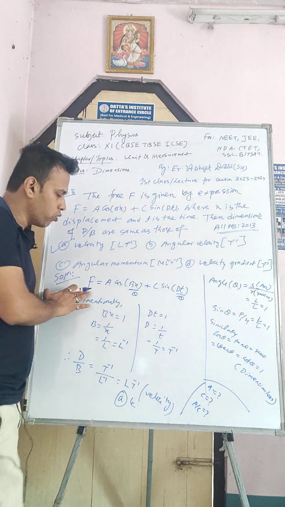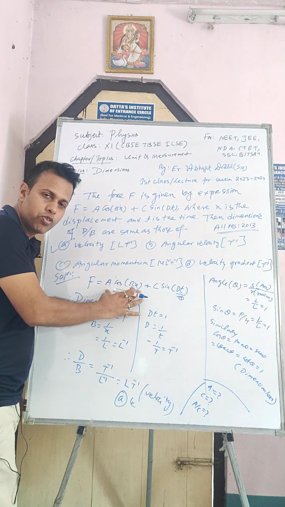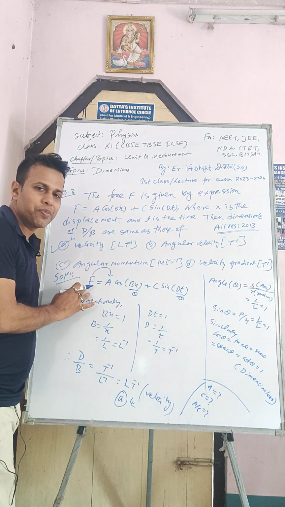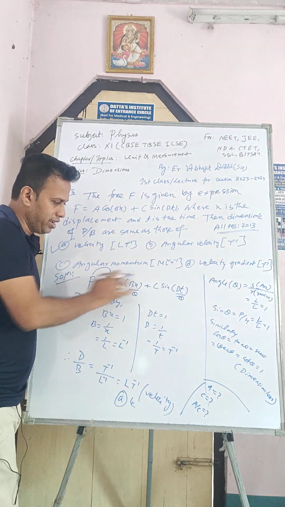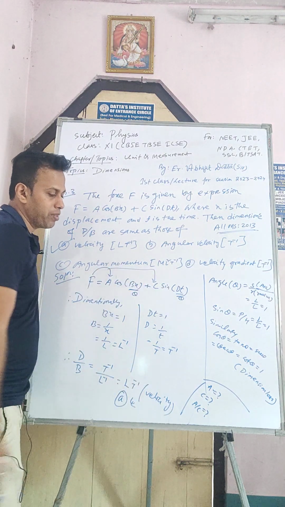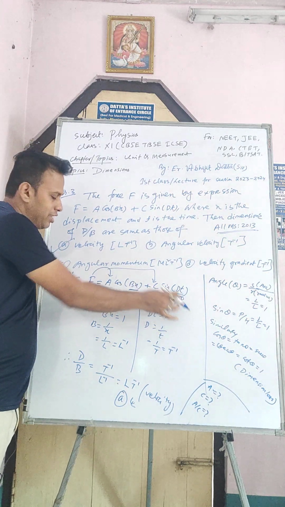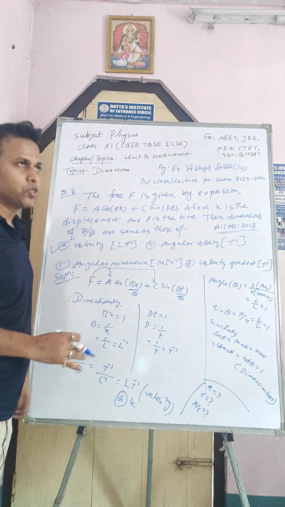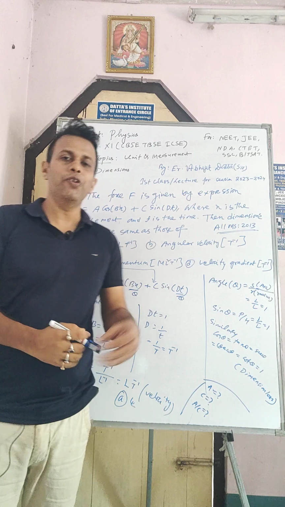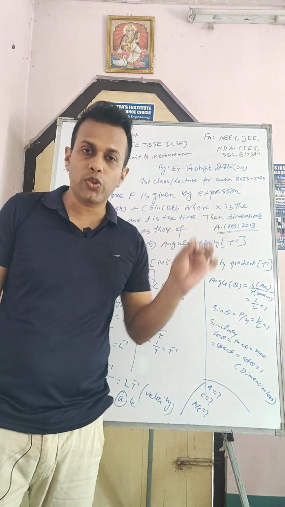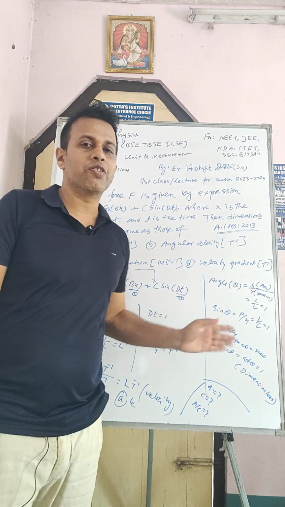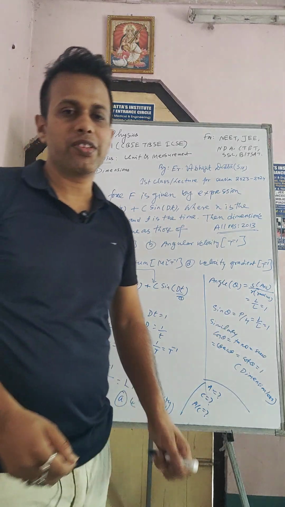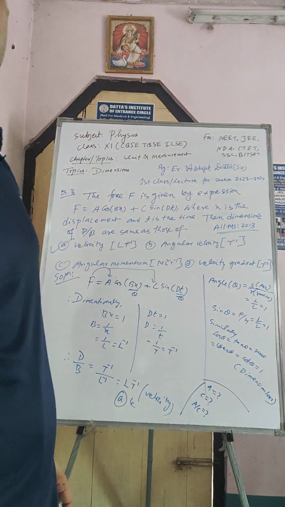Look here, this one is force and this one is also force, so F will be directly equal to A. So the dimensions of A and C are the same as the dimensions of force, that is MLT minus 2. If they ask for A by C, it will be MLT minus 2 by MLT minus 2, which is 1, dimensionless. Okay, understood? So move on to the next.